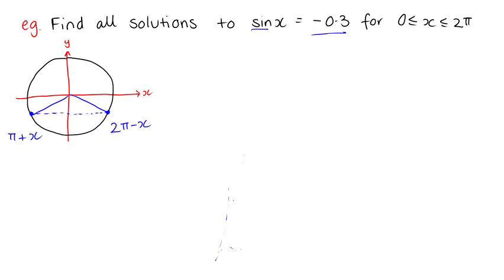So what we're going to do is we're looking for that angle there, and it's going to be the same as this angle in here. So it'd be 0.3 there. Oh, negative 0.3, sorry.